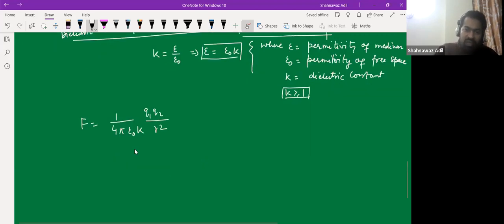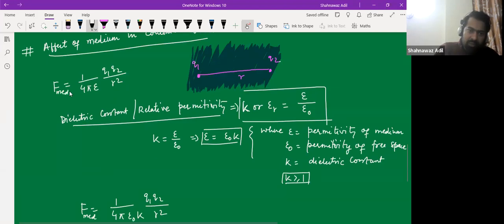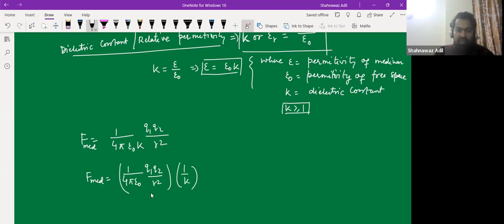Let's say this is the medium. If we take out 4 pi epsilon naught, Q1 Q2 by R square, what is remaining is 1 by K. What is this thing? Can you guys tell me?